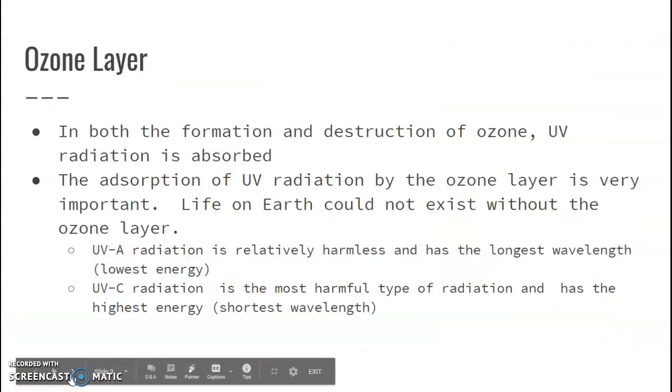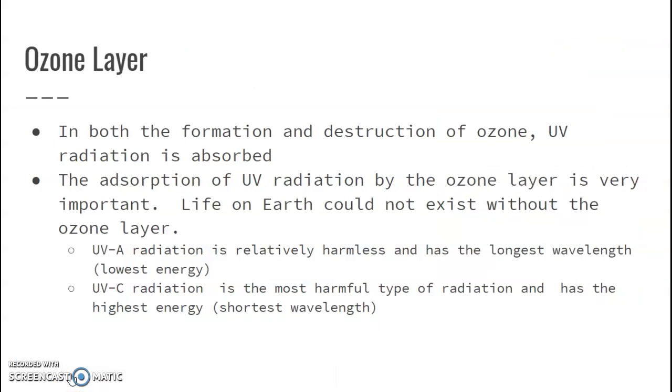So, this chemical reaction that we saw that's in dynamic equilibrium, where you have oxygen becoming ozone and ozone becoming oxygen again, takes place in the presence of UV radiation.